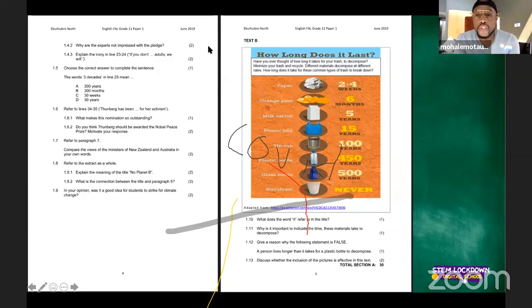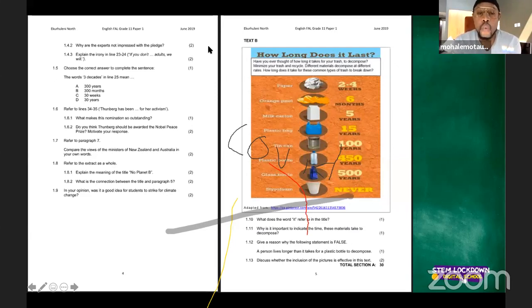Then we go to question 1.11. It says, why is it important to indicate the time these materials take to decompose? So the main reason for this text is to show us how long it takes for trash to decompose.